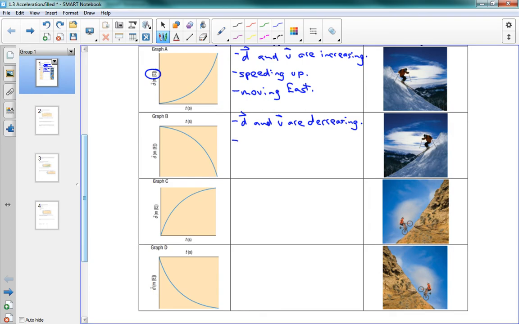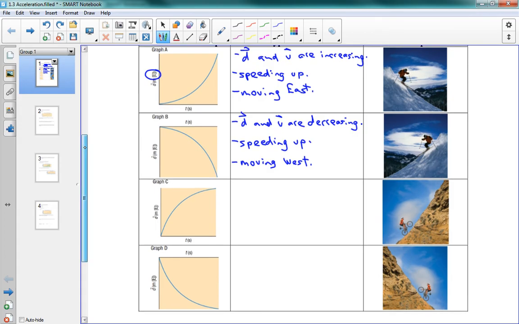Well, the answer is we're still actually speeding up. All that's different is our direction. Instead of moving east, we're now moving west. If you take a look at that picture, you can see that we're starting pretty slow, and we're getting faster and faster and faster, just in the west direction. So we are still speeding up. In fact, these two are very similar.